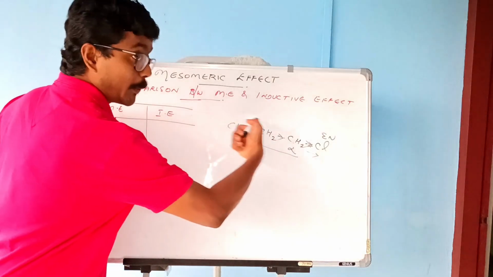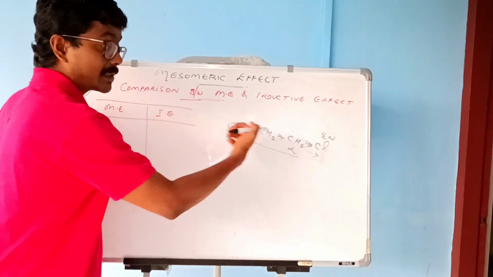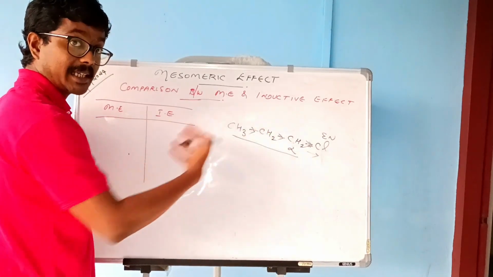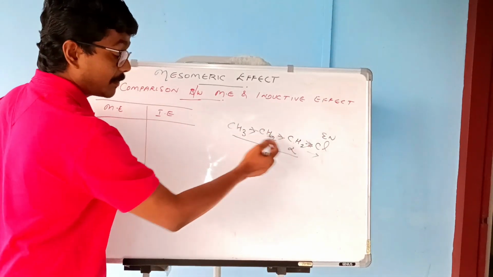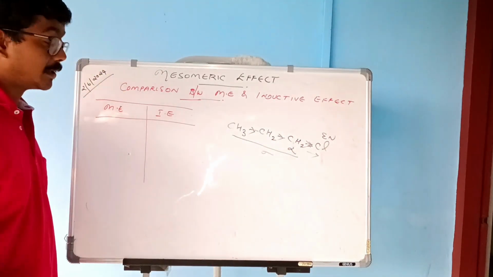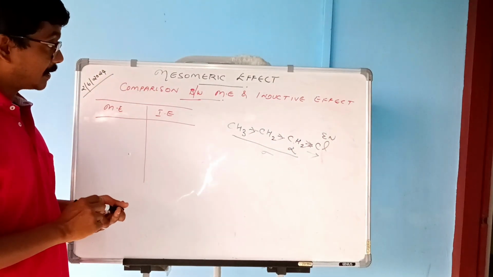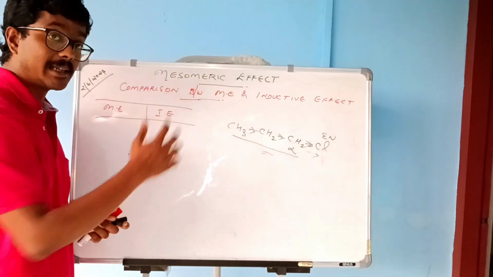The pulling, the permanent movement of electron flow towards more electronegative atoms throughout the chain, is called inductive effect. This inductive effect is applicable through sigma mode, right? So we will compare the major differences between mesomeric effect and inductive effect.